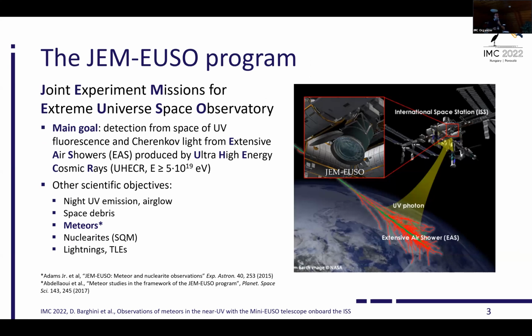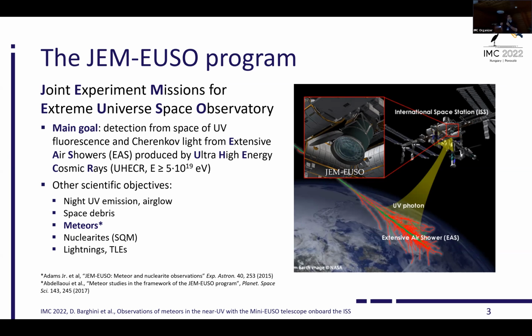So Mini-EUSO is an experiment in the framework of the JEM-EUSO program, which stands for Joint Experiment Mission for Extreme Universe Space Observatory, whose main goal is not about meteors, but is the detection from space of the extensive air showers that are generated by ultra-high energy cosmic rays.